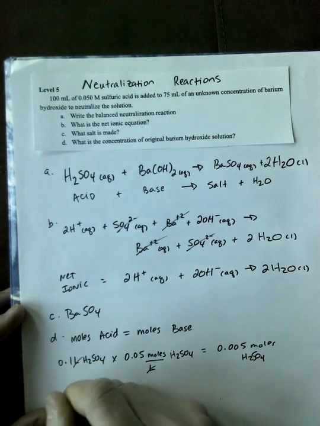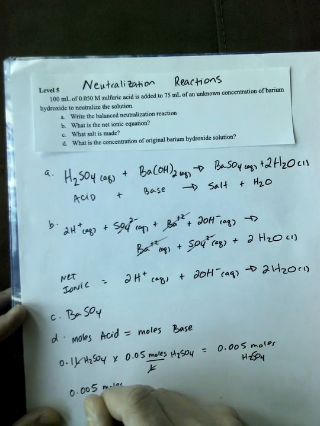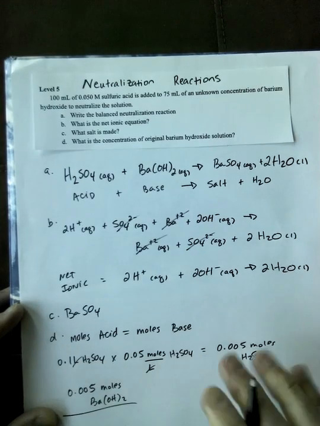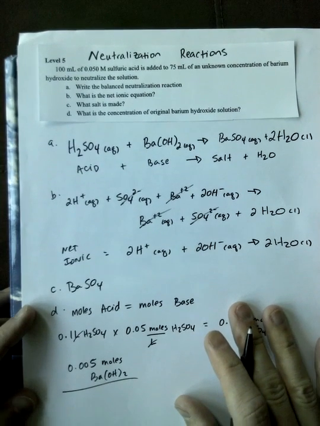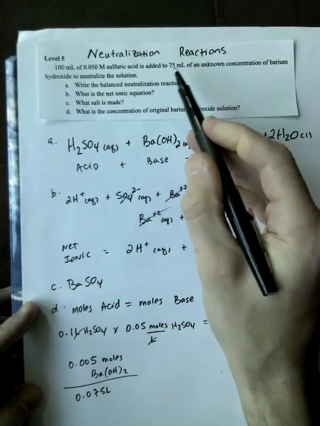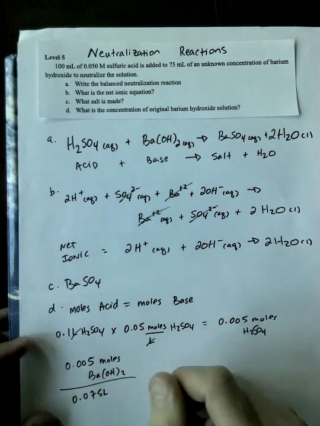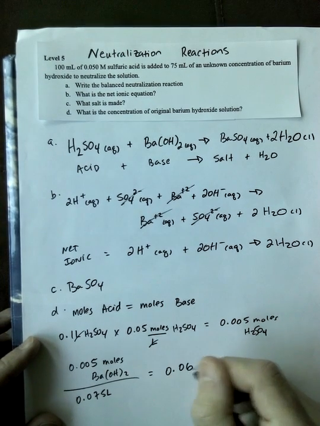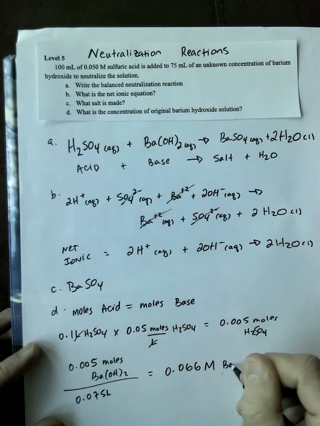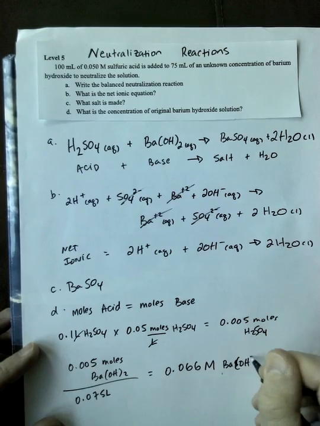Again, that's going to be my moles of base as well at the neutralization point, barium hydroxide. And I divide that by the volume of barium hydroxide from the problem, which was 0.075 liters. Again, I converted the milliliters to liters. So we divide, and voila, there's my concentration of barium hydroxide.